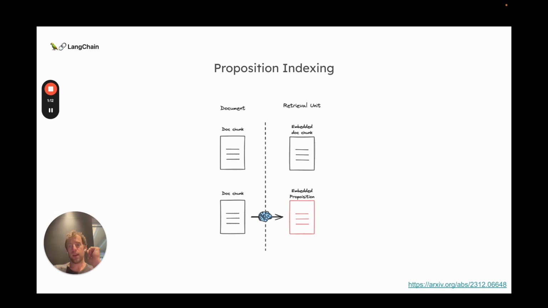In the typical case, you take a document, split it up in some way to index it, and then embed the split directly. This paper talks about taking a document and splitting it, but then using an LLM to produce what they call a proposition, which you can think of as a distillation of that split. It's like using an LLM to modify that split to make it a crisper summary that's better optimized for retrieval.